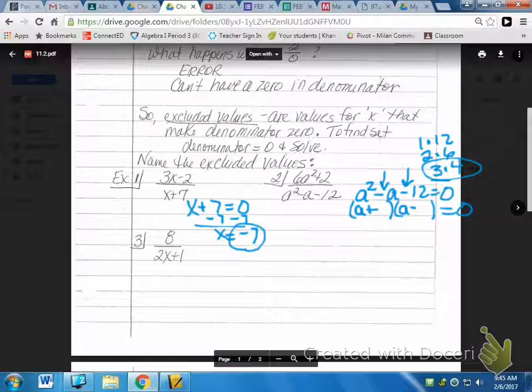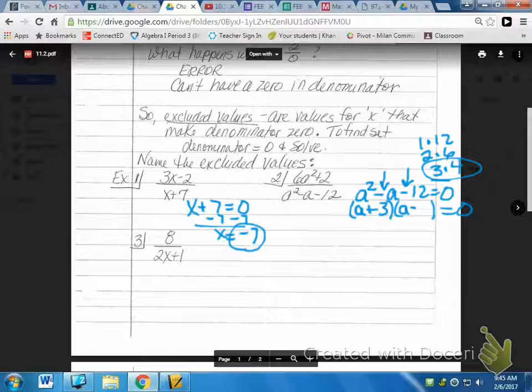How do I know which one's going to go where? This is really important. Avery? The one in front of the whatever number. You got it. The sign in front of my a term is minus. It's negative. So that means my bigger number has to go with the negative.